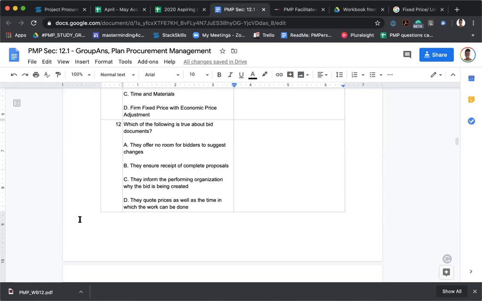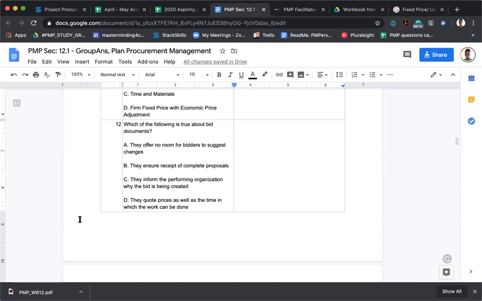I'll go with B. Heather, tell me if I'm wrong, but when someone says bidding on something, you can't suggest changes, right? Well, you kind of throw out there what you want, like what your SOW is, and then they come back and say, okay, we can do it for this. So they can do that.